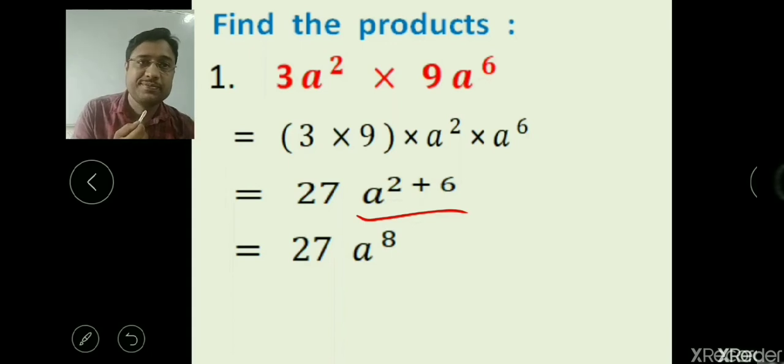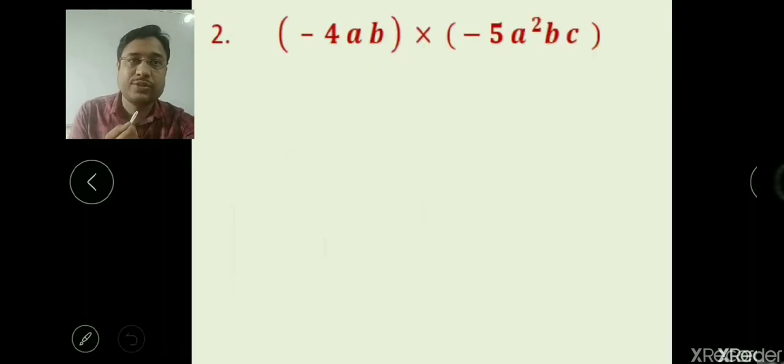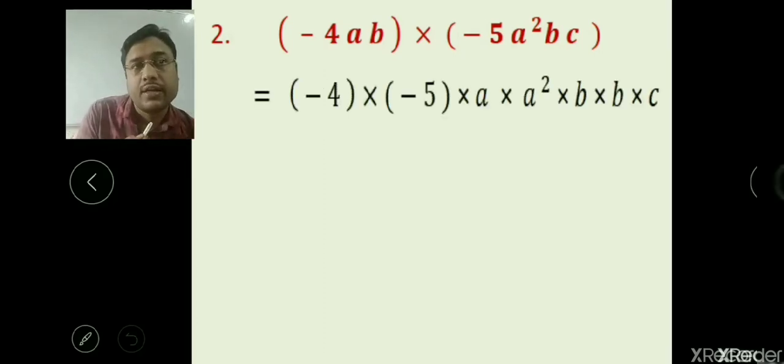Now the next question, where I am using two or three variables. In the first term two variables a and b are given, and in the second you can see a square, b and c. So there are three variables. First multiply the numerical values, minus 4 into minus 5.